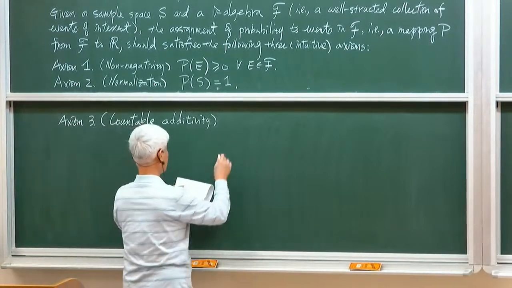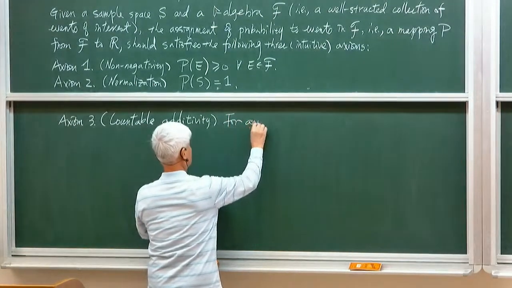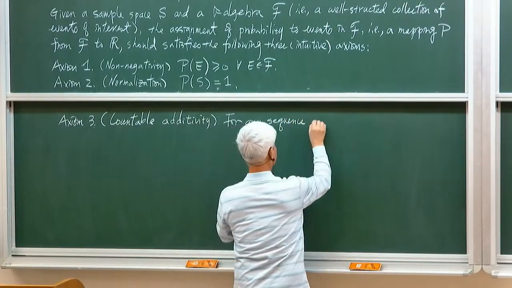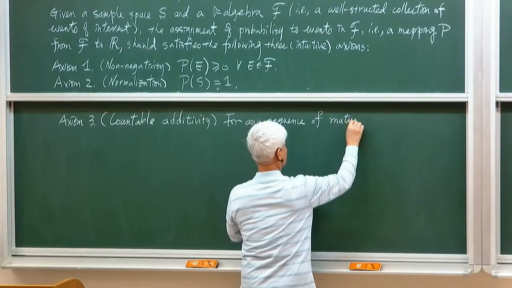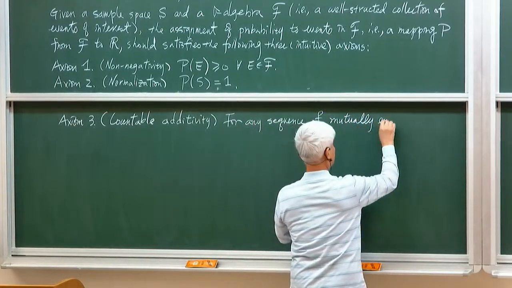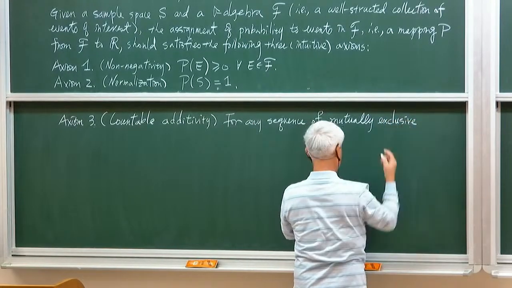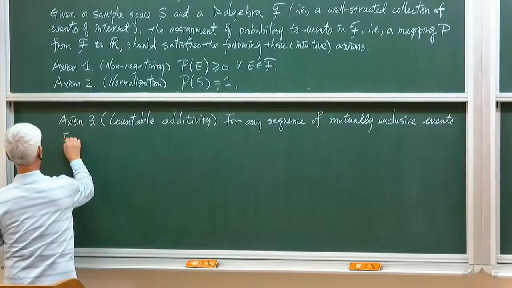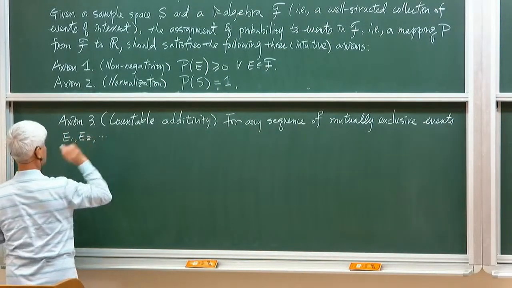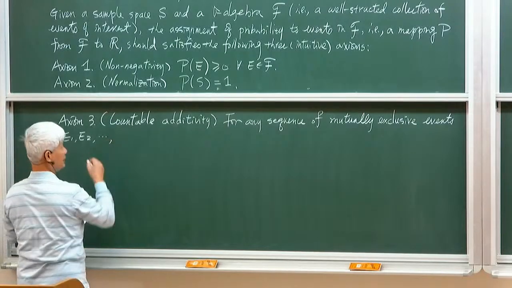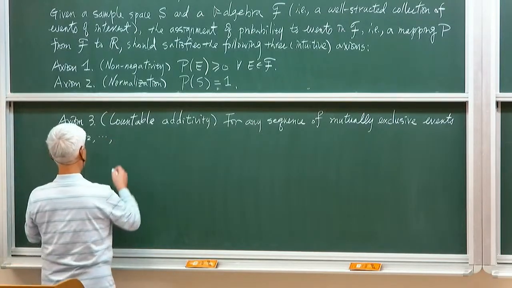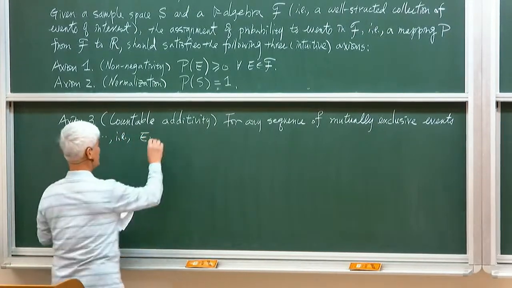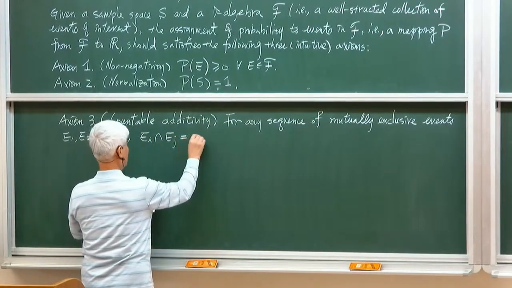Countable additivity states that for any sequence of mutually exclusive events E1, E2, etc. The meaning of mutually exclusive events says that Ei intersect Ej is the empty set.